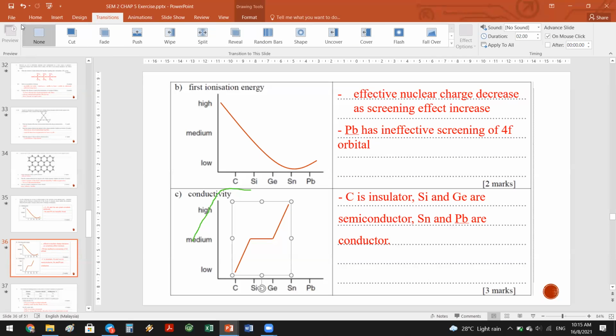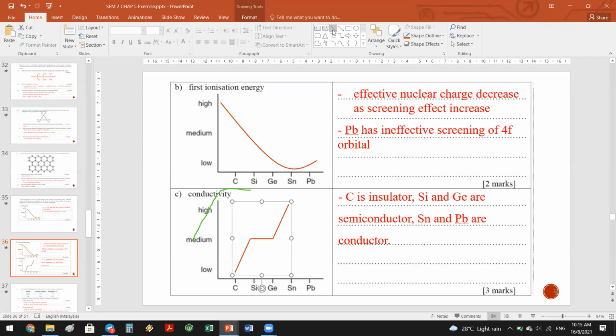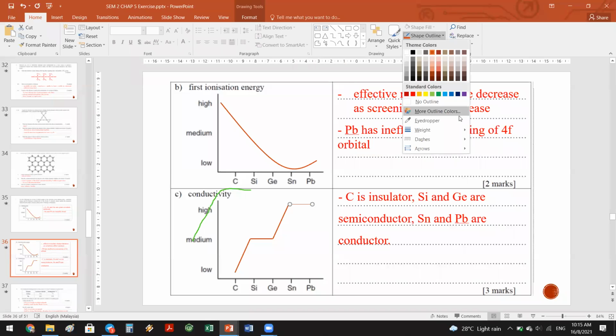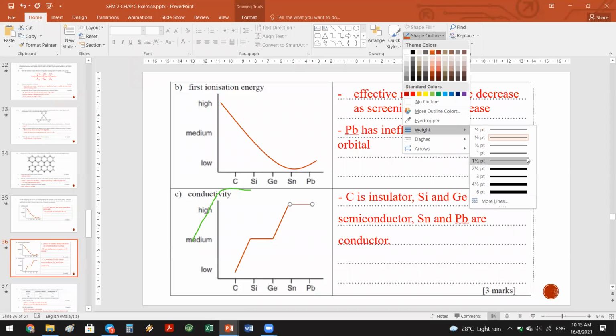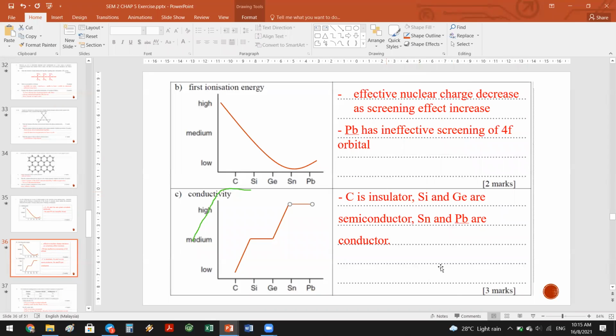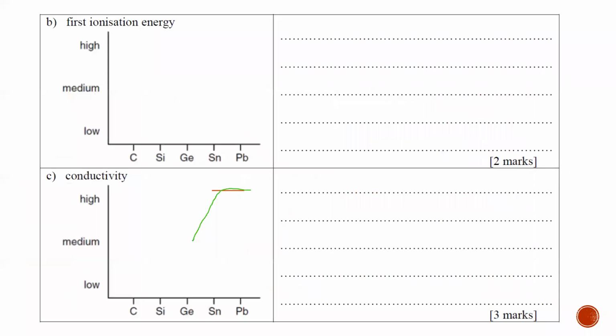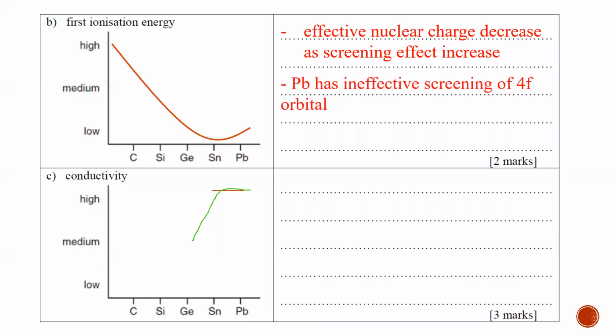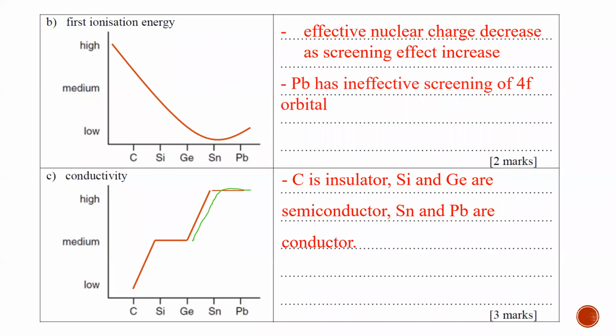Sorry for the mistakes in here. Okay, so this is how electrical conductivity should look like here. Sorry for the minor mistakes that I made in the slides. So hope that you'll be able to understand well.